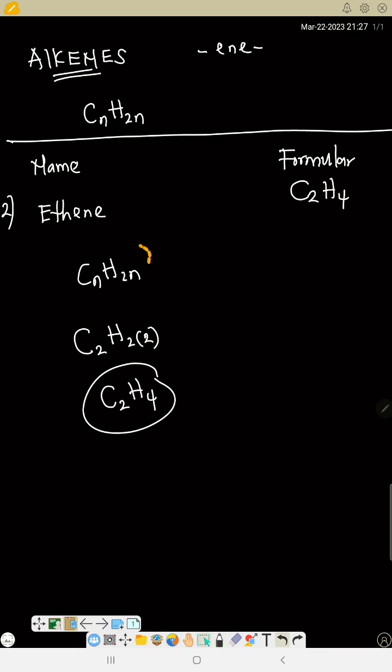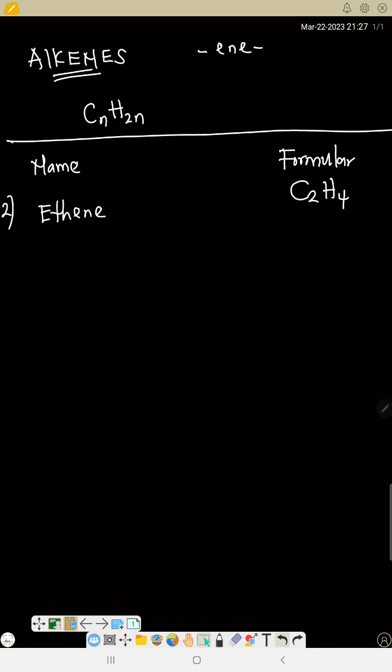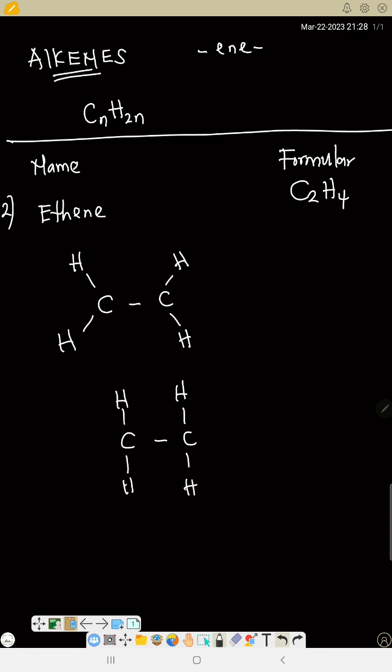Let's draw the structural formula pattern. So this one will be C2H4, so the hydrogen should be 4. It can be like this if you like, and you can still make the hydrogen straight if you like. What we want there is just 4 hydrogen, as in like this.